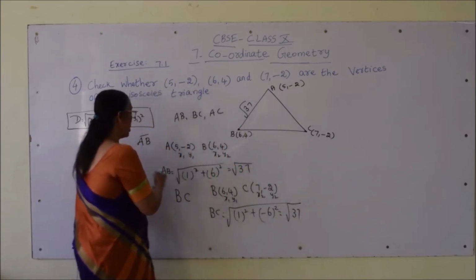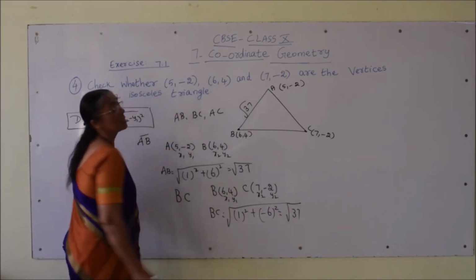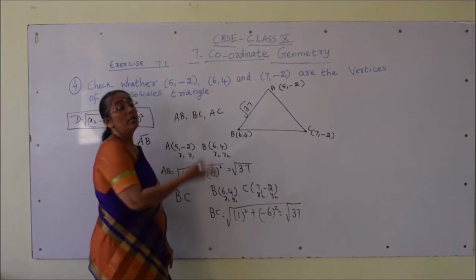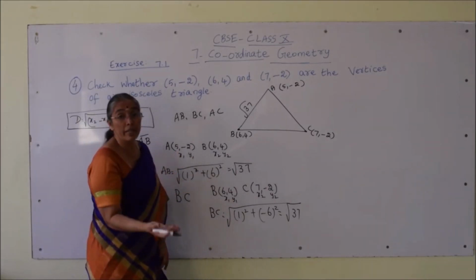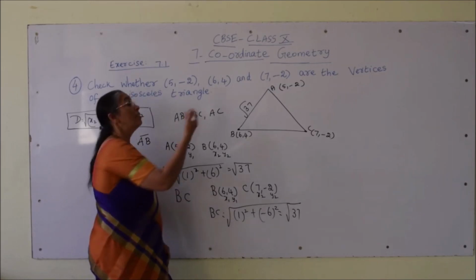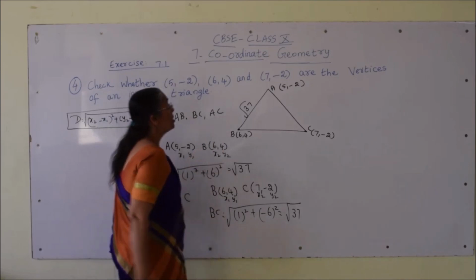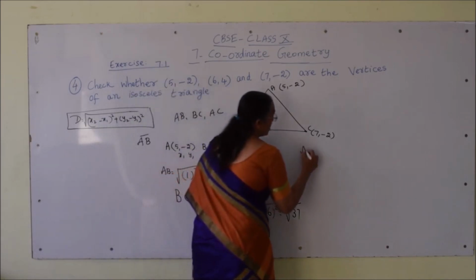So, already we got the AB distance and BC distance are equal. If the AC distance also comes equal, it is still isosceles because all equilateral triangles are isosceles. If it is not equal also, it is isosceles. But anyway, we will check the AC distance also.